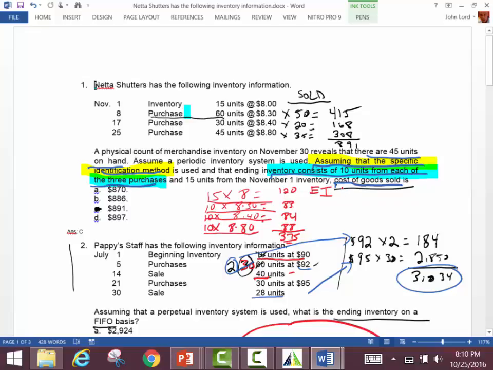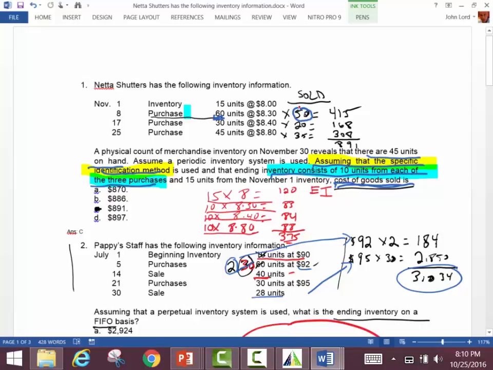And so they want us to consider the cost of goods sold, right? So if we want to do cost of goods sold, and each purchase includes only 10 items left. If there's only 10 items out of a purchase of 60, that means I must have sold 50, right?